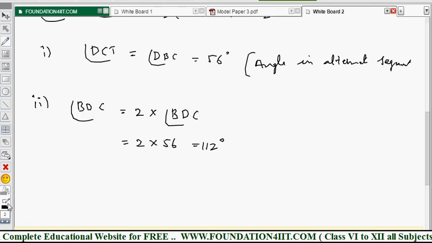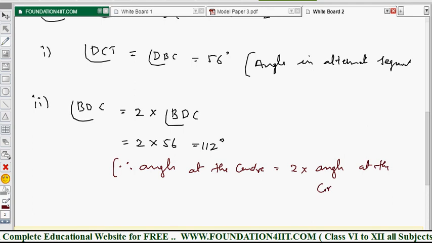I'll write the condition if you want to remember. Angle at the center is equal to 2 times the angle at the remaining part of the circle, that means the remaining circumference.